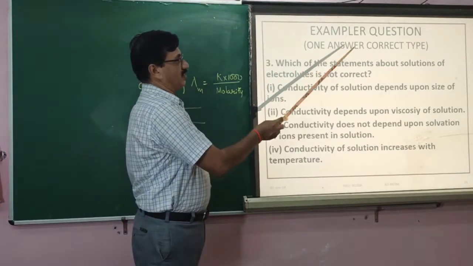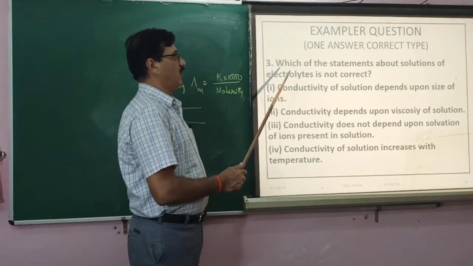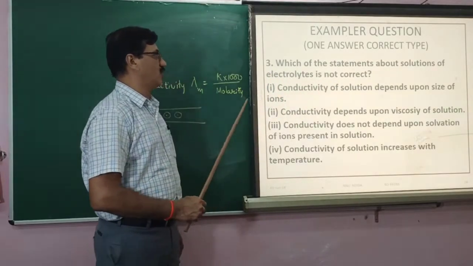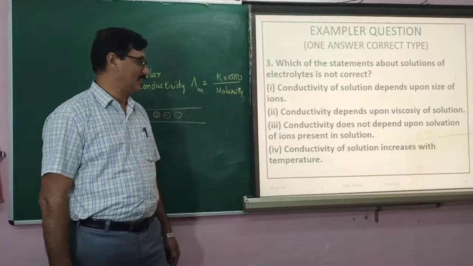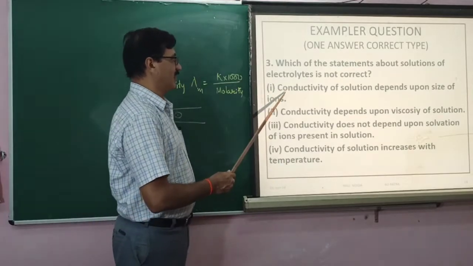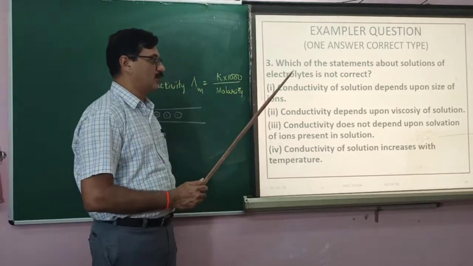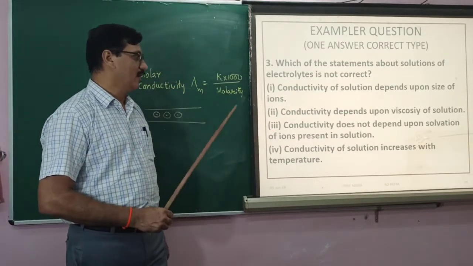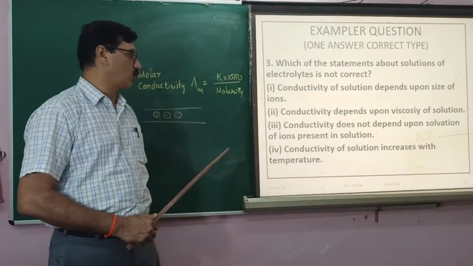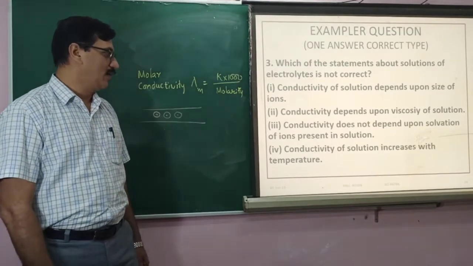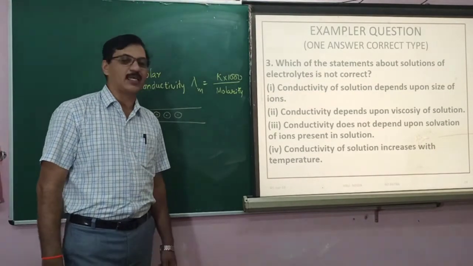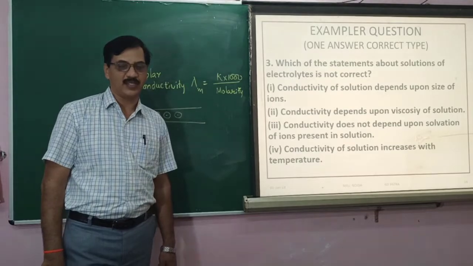This is a one-answer-correct type of question. Which of the statements about the solution of electrolyte is not correct? Conductivity of solution depends upon the size of ions. Conductivity depends upon viscosity of the solution. Conductivity does not depend upon the solvation of ions present in the solution. Conductivity of solution increases with temperature.